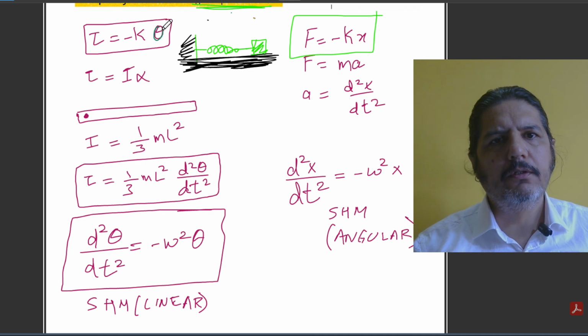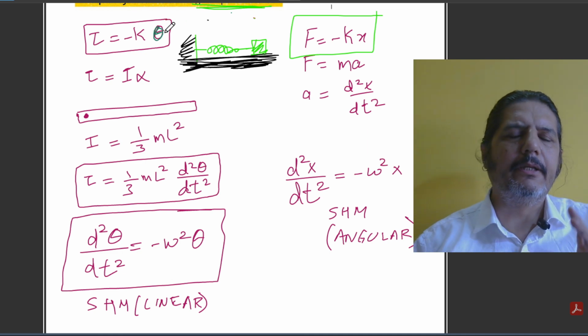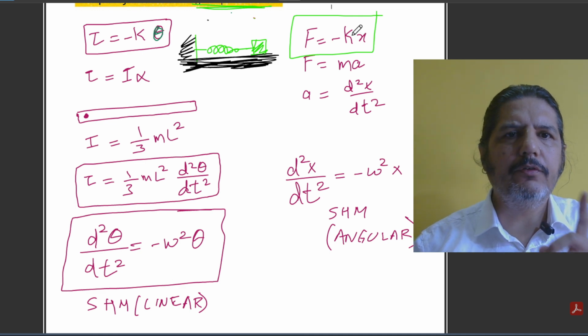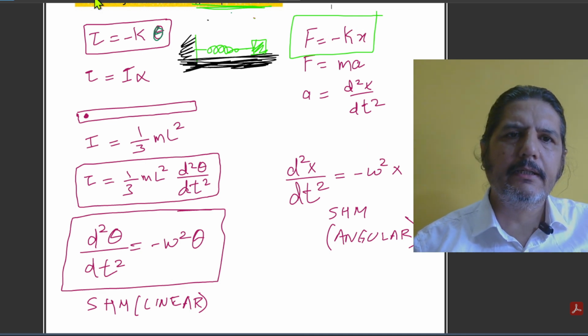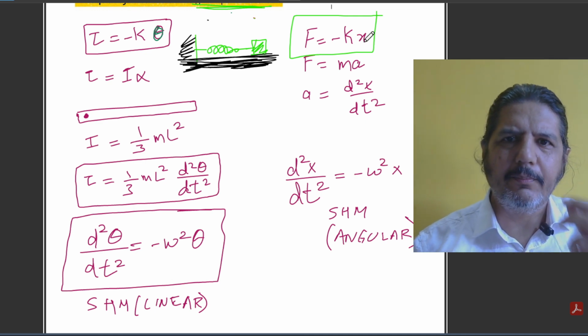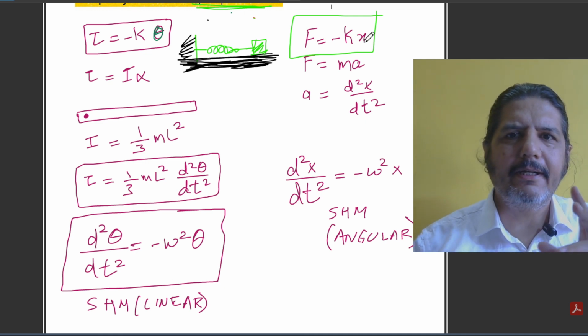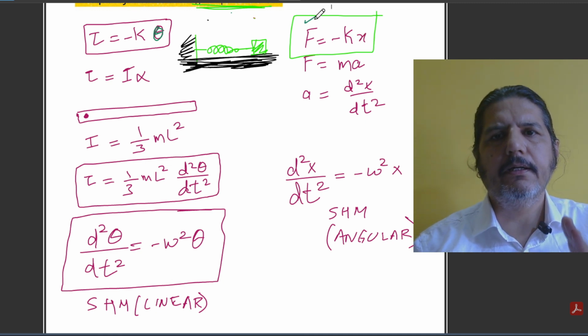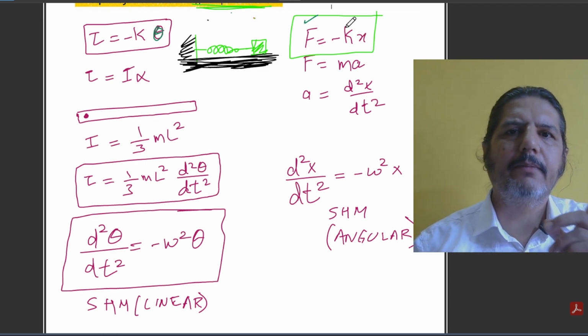So what does this equation tell me? This equation is basically the equivalent of F is equal to minus kx in angular motion. I'll just give you an idea, not in detail. In linear motion, we understand that a restoring force can be given as minus kx.